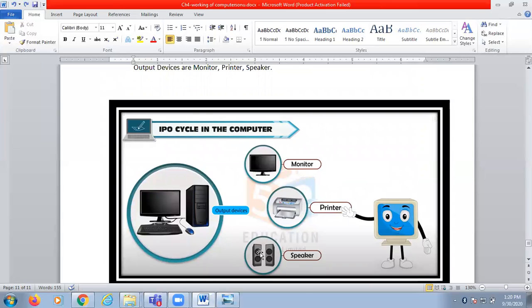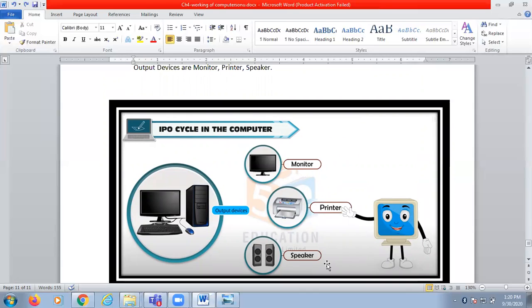Or we can listen to our voice, which is stored with the help of the microphone, through the speaker, or we can listen to songs with the help of the speaker. So what are output devices? Monitor, printer, speaker, these are all output devices.